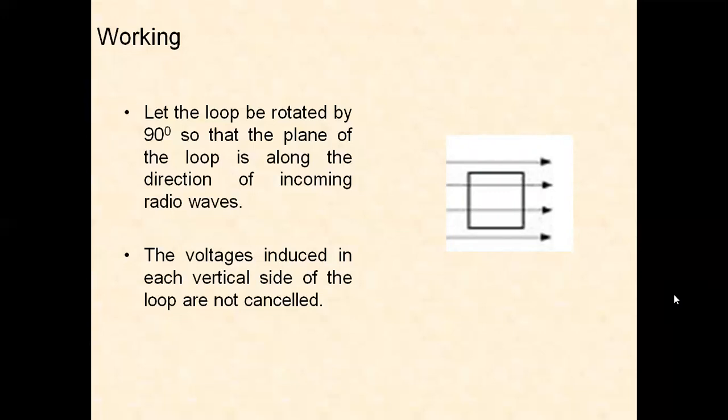For direction finding applications, it is required to have an antenna that can indicate the direction of a particular loop. So when the loop is rotated by 90 degrees, so that the plane of the loop is along the direction of incoming radio waves, the voltages induced in each vertical side of the loop are not cancelled out.